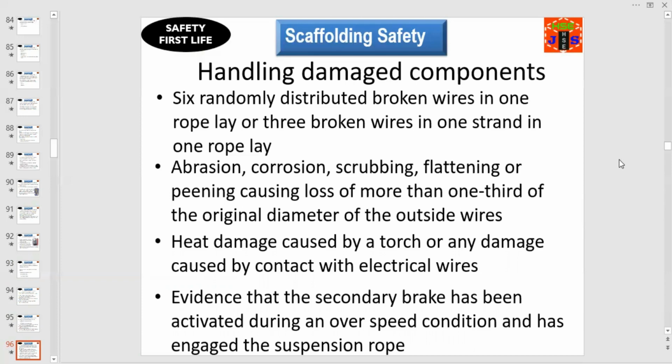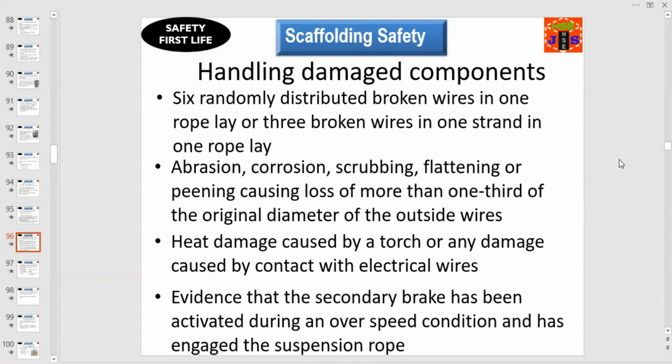Heat damage caused by a torch or any damage caused by contact with electrical wires. Evidence that the secondary brake has been activated during an overspeed condition and has engaged the suspension rope.